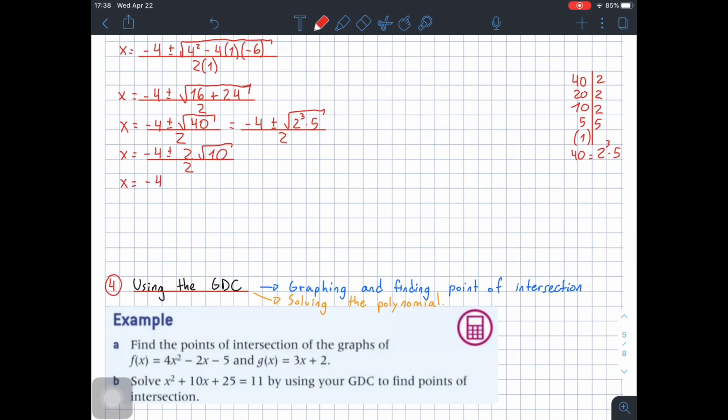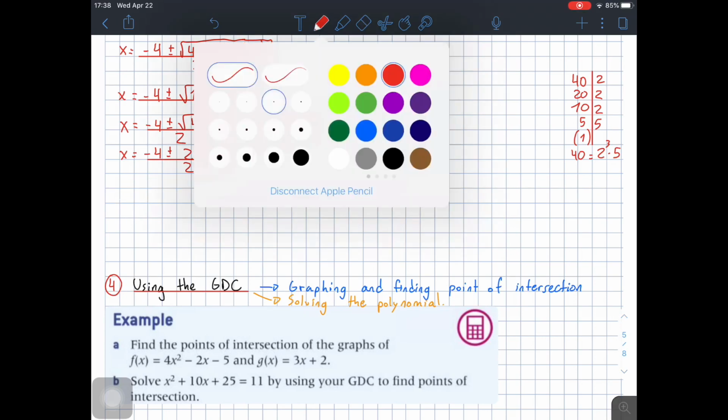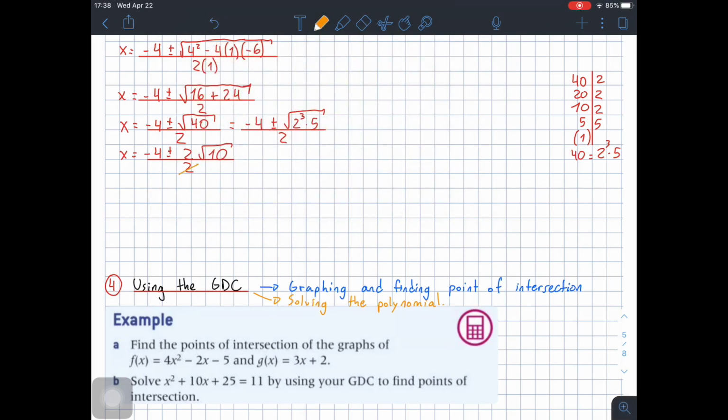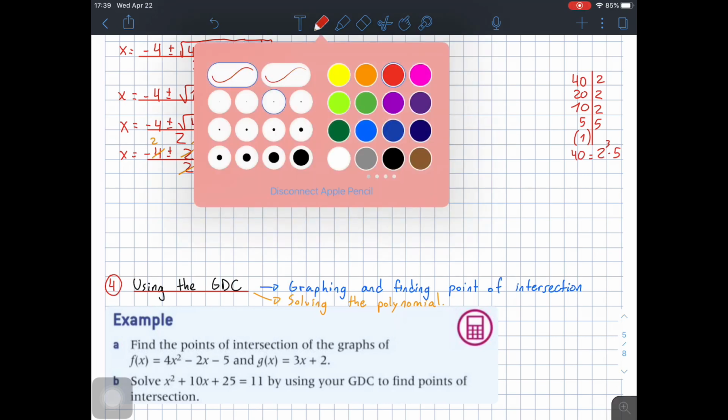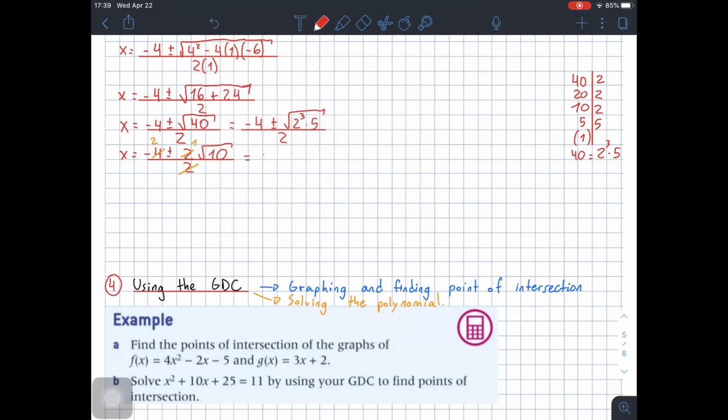This would be negative 4 plus 2 root 10 over 2. Before doing that, you see that we can simplify the 2. This 2 with this 4 gives us negative 2, and the same 2 with this gives 1, okay? So this is the same as saying negative 2 plus or minus root 10, okay?